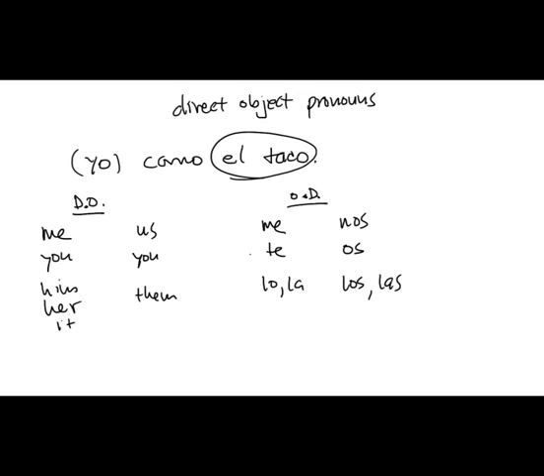Te, you, singular, familiar. Lo can mean him. It could mean it as a masculine thing, replacing, for example, el taco. Or it could also be replacing usted, you, formal. La can be her, it, a feminine it, for example, replacing la pizza, or replacing the you formal female person, usted.